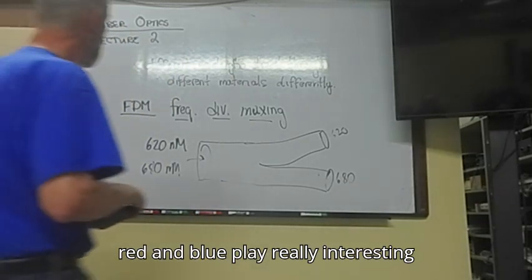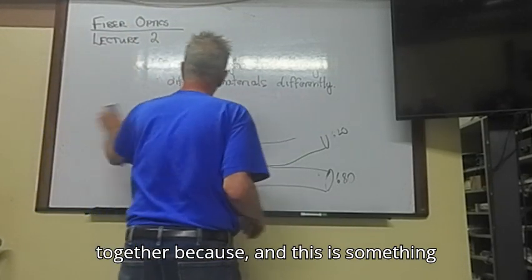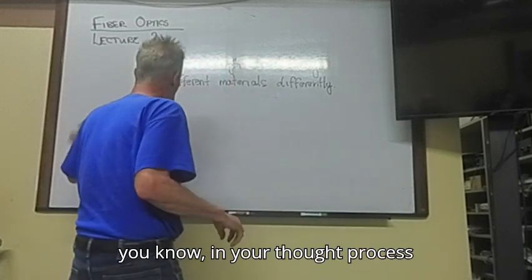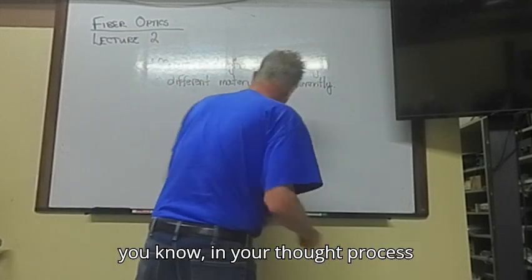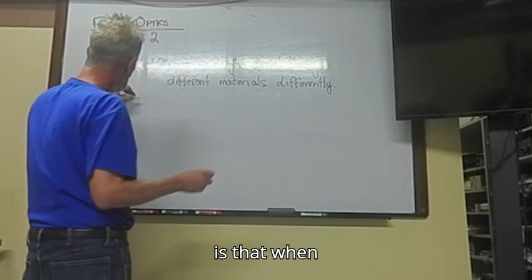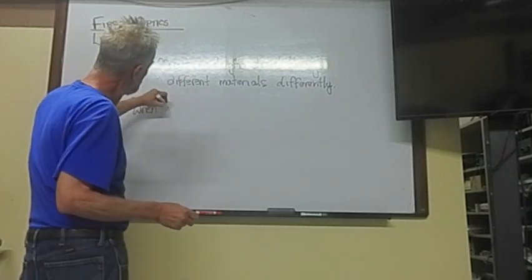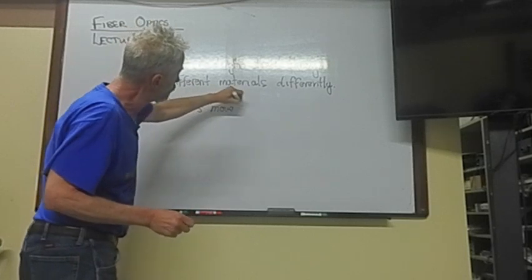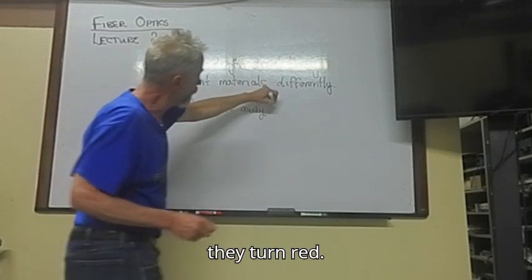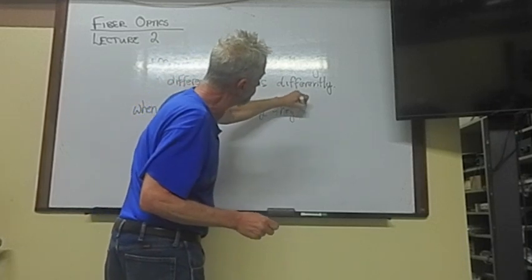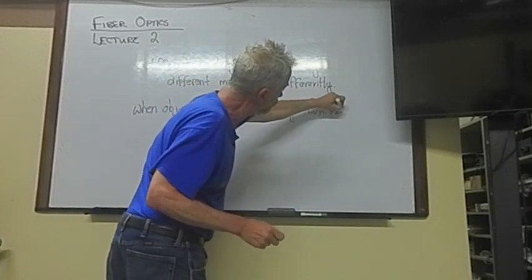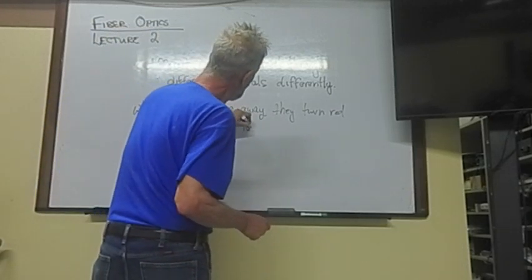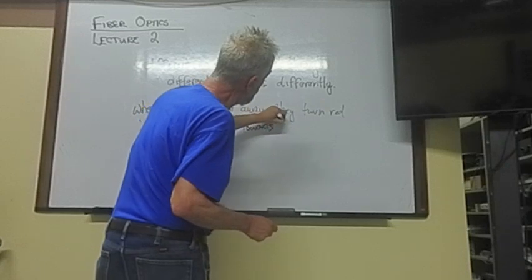Red and blue play really interesting together because, and this is something else to consider in your thought process, when objects move away, they turn red. And when objects move towards, they turn blue.